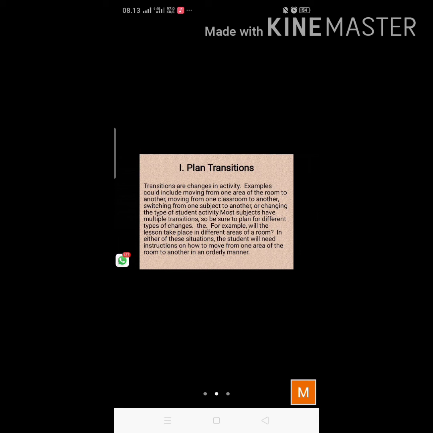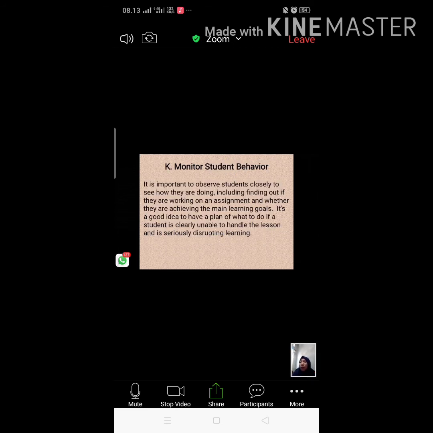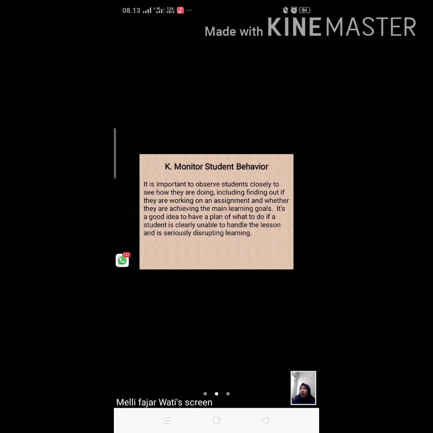Monitor progress and provide feedback. Monitoring student work and providing input will help students stay engaged on the assignment at hand. One of the most effective ways to achieve persistent student engagement is to check in with all students.